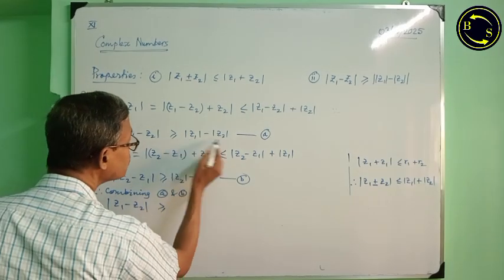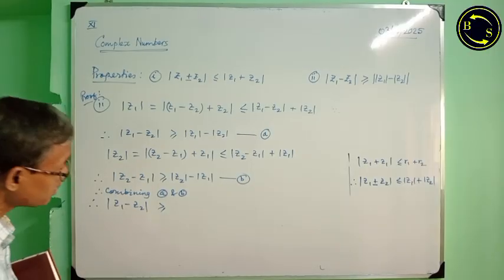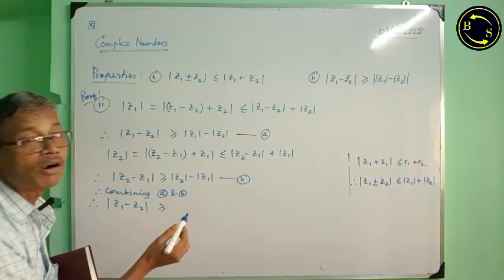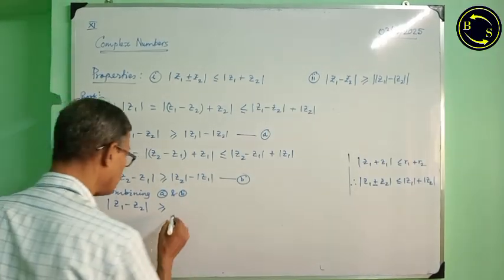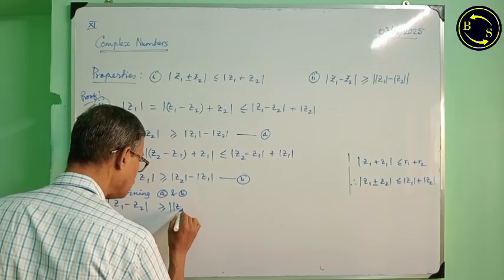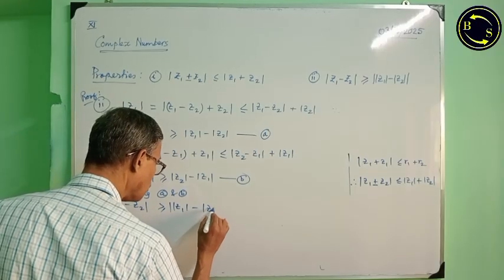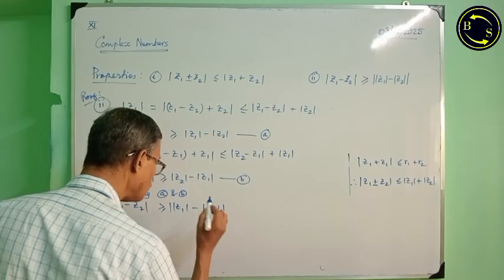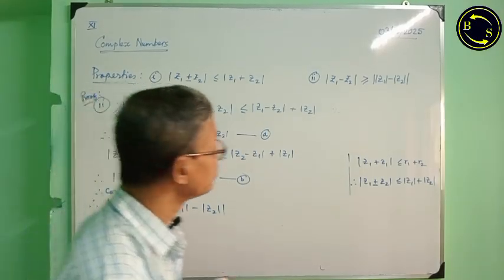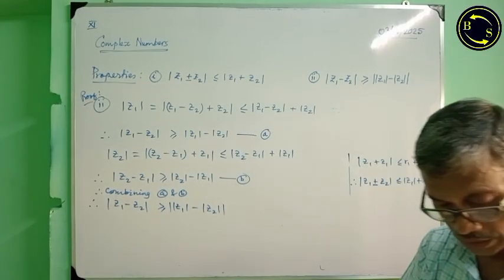You see, this is the difference of moduli of z1, z2, and this is the difference of moduli of z2 and z1. Therefore, combining, we can write modulus of z1 minus z2 is greater than or equal to the modulus of (modulus of z1 minus modulus of z2). Therefore, the second one is proved.